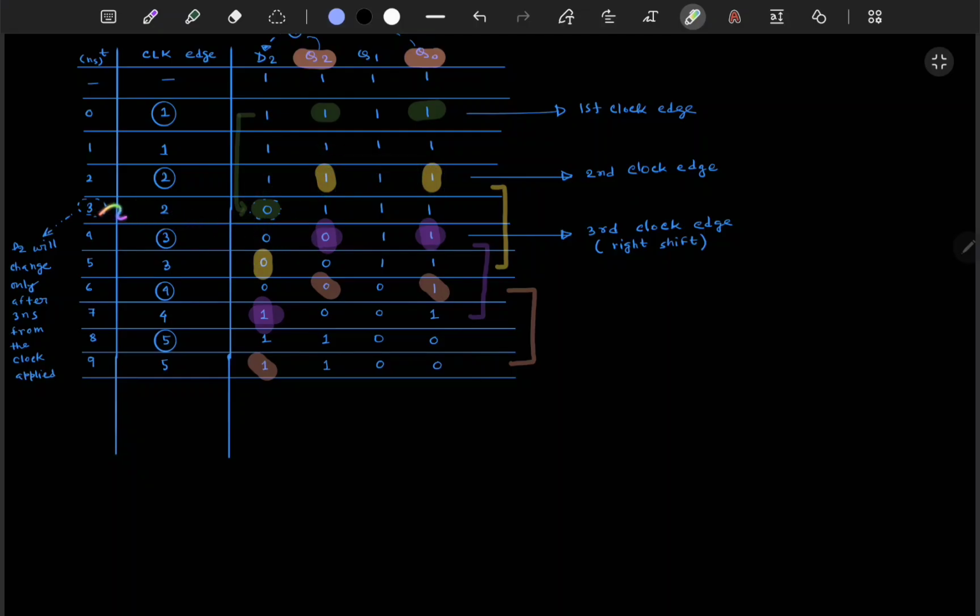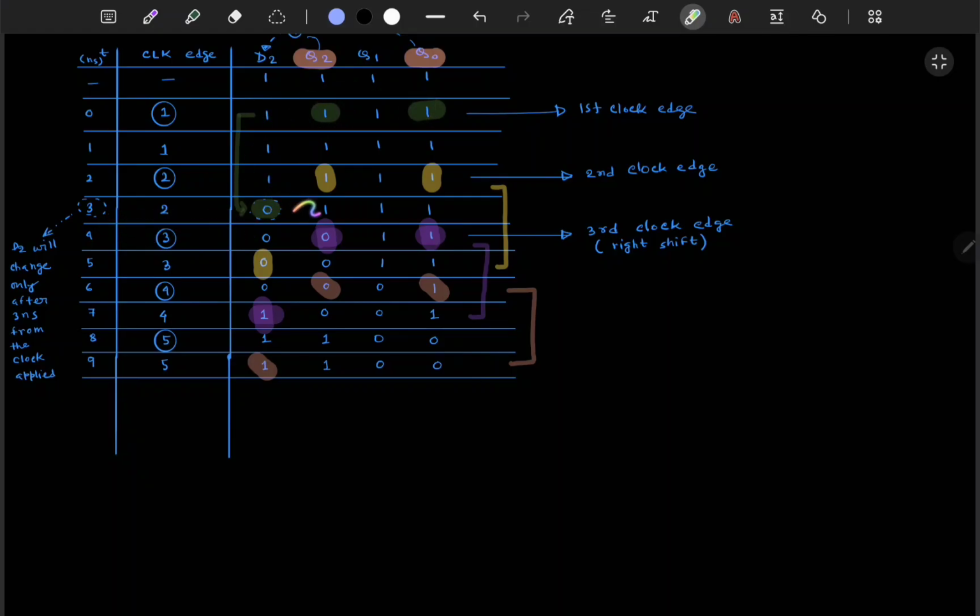Actually I can explain it for this also, third second. So D2 will change only after 3 nanosecond from the clock applied, because I have already shown here that after 3 nanosecond it will change. These are the inputs of the XOR gate, and this is the output after 3 nanosecond. So the same thing goes on here.